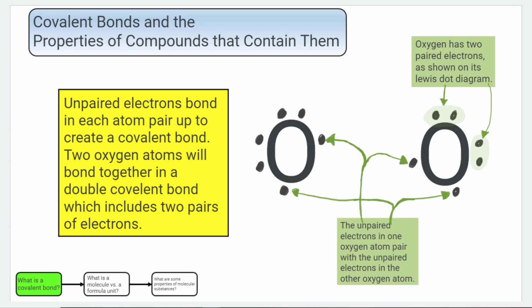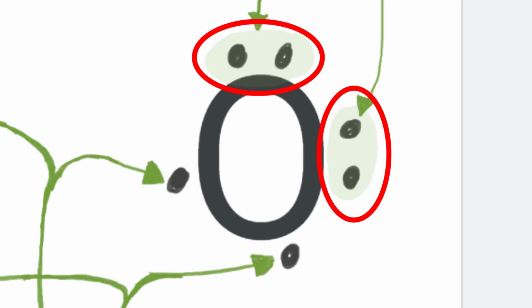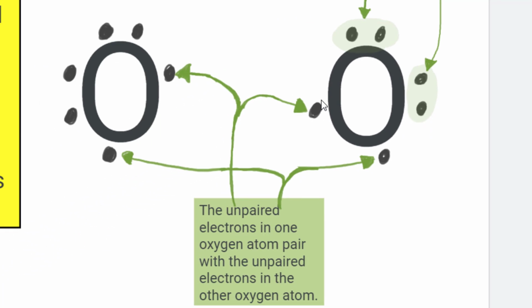In our previous example of fluorine and chlorine, each of those atoms had 3 paired electrons and 1 unpaired electron. In an oxygen atom, you have 2 pairs of electrons and 2 unpaired electrons. The 2 unpaired electrons can bond with other unpaired electrons in other atoms. So in the case of oxygen, you would have the 2 unpaired electrons finding a partner with the unpaired electron in another atom of oxygen.